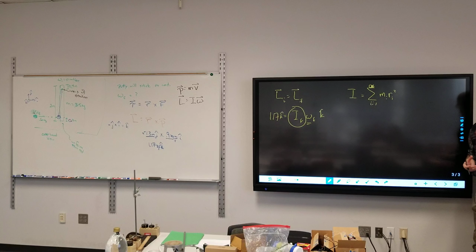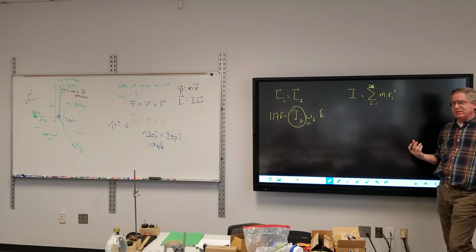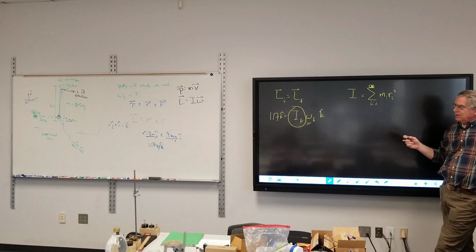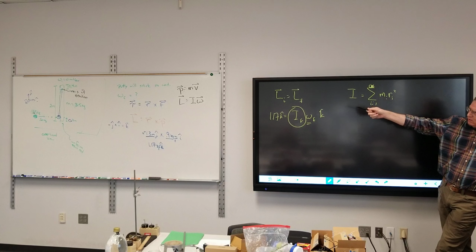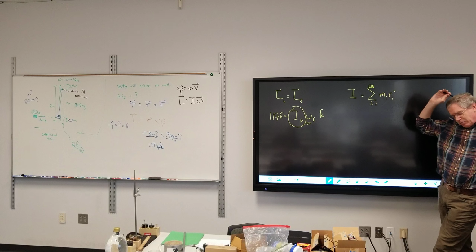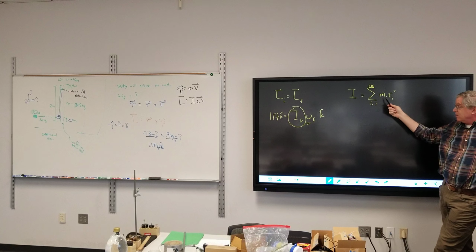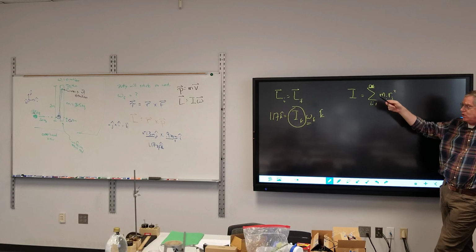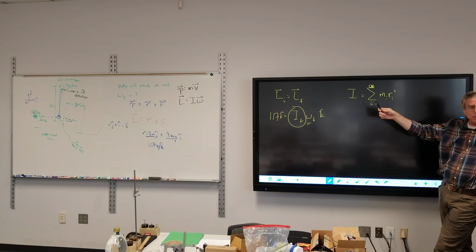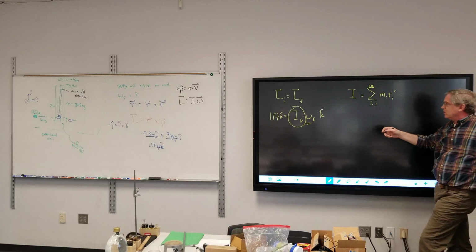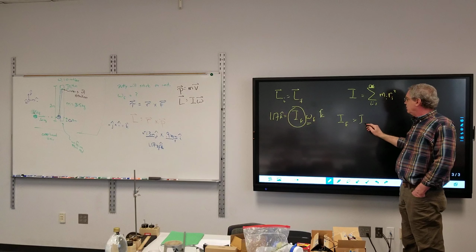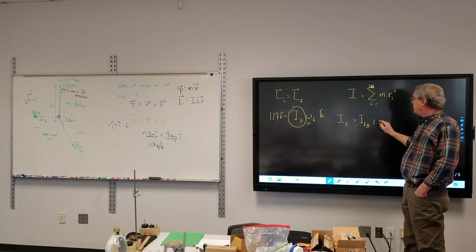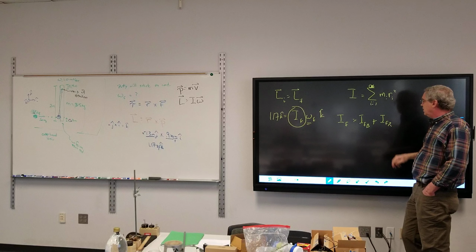It's a sum of all the tiny little masses, an infinite sum of infinitesimally small masses times the distance squared. Since it's just a sum, I could do the putty and the rod separately in terms of finding the moment of inertia. So I final would be I final of the ball plus I final of the rod.